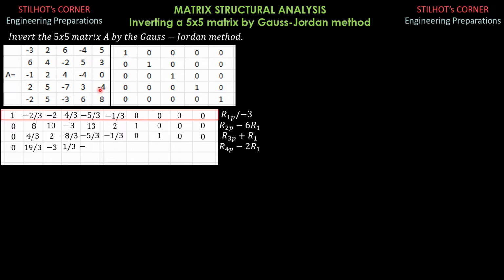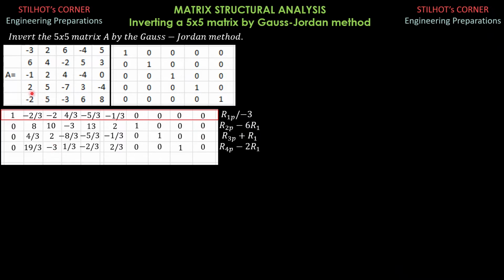Negative 4 minus 2 times negative 5/3 is negative 2/3. 0 minus 2 times negative 1/3 is 2/3. And so on and so forth. 0 minus 2 times 0 is 0. 0 minus 2 times 0, 0. 1 minus 2 times 0, 1. 0 minus 2 times 0 is 0.